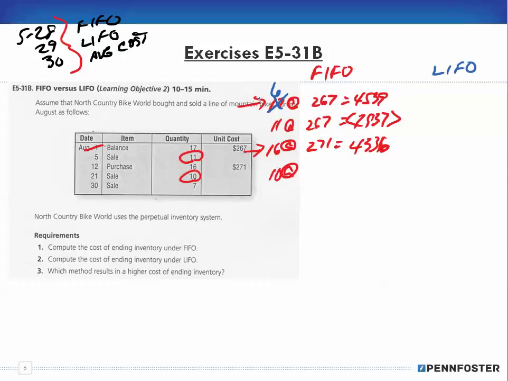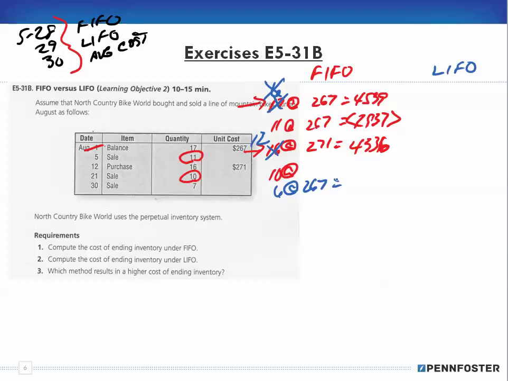If you watch the theory videos, what were the first ones I put in? The first ones I put in were these 17. Then I stuck 16 more in the front. So I'm taking the first ones out. If I sell 10, I have 6 remaining here, so they're all gone. Now out of these 16, I take out 4, so I have 12 left. So I have to subtract out 6 at 267.